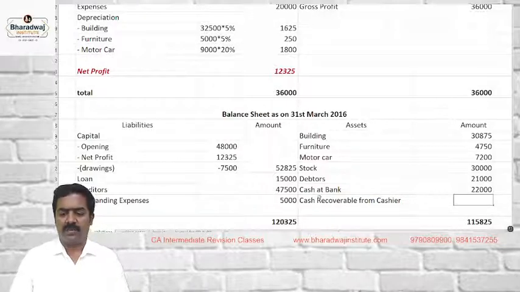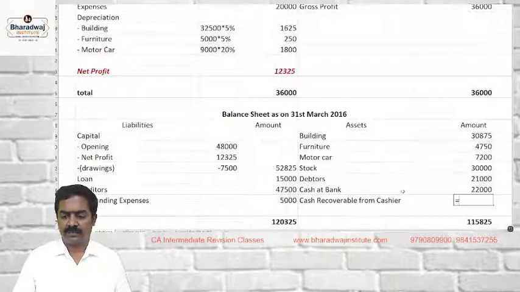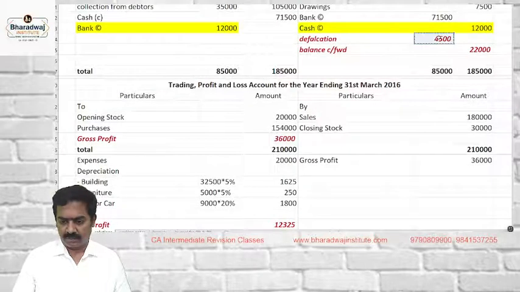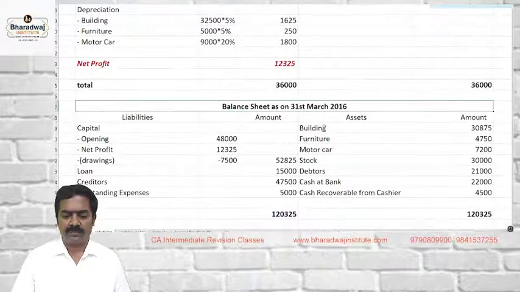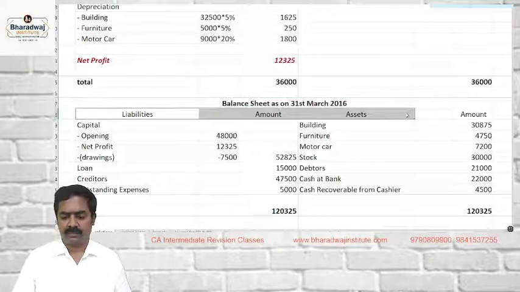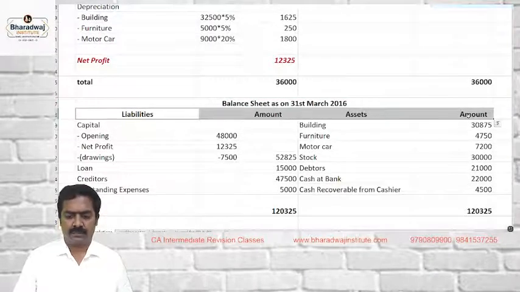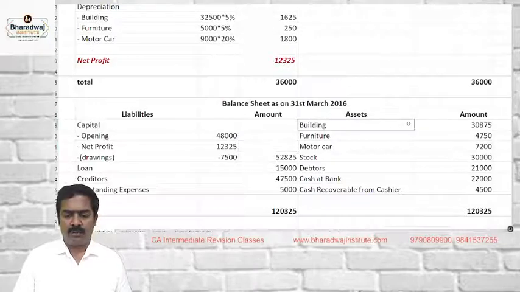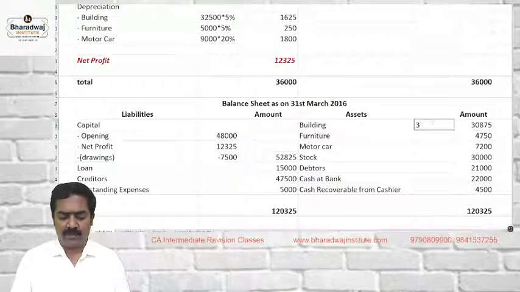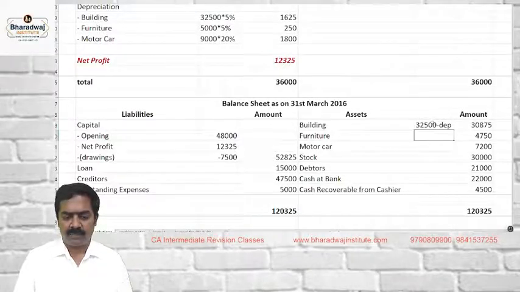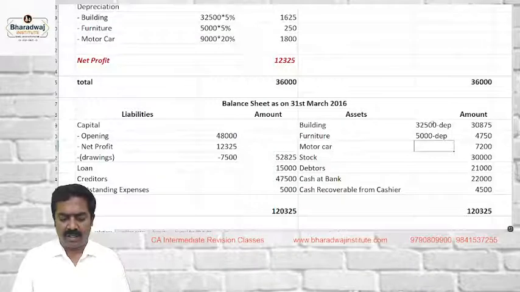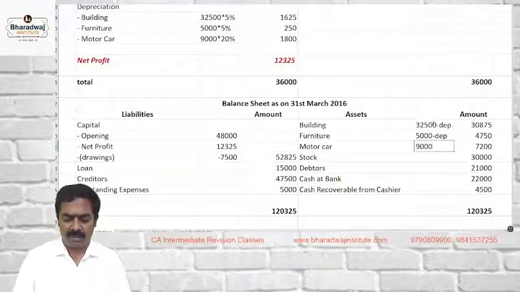What is the cash recoverable from the cashier? 4,500. It should tally, I hope. Yes. So building 32,500 minus depreciation. 5,000 minus depreciation. 9,000 minus depreciation.